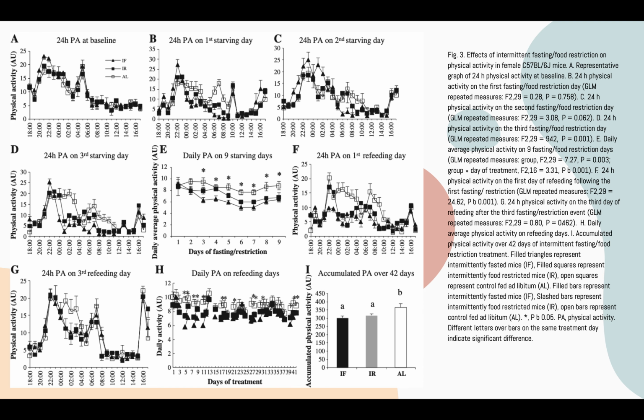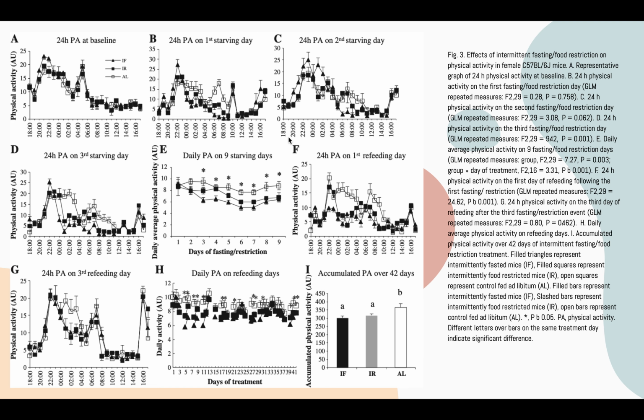So in figure 3, this is the second graph I want to talk about that was included. I just felt like this was so overwhelming, so I want to discuss just a few things on here. For example, the first graph, graph A, represents the 24 hours of physical activity at baseline.